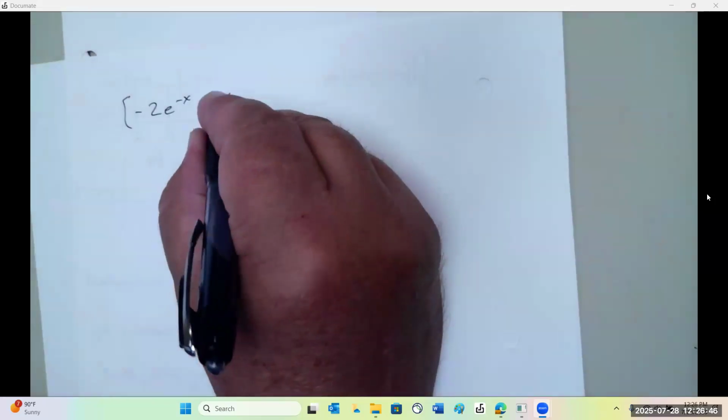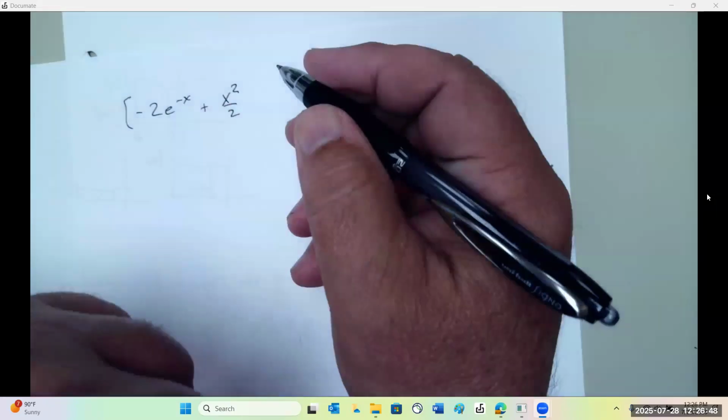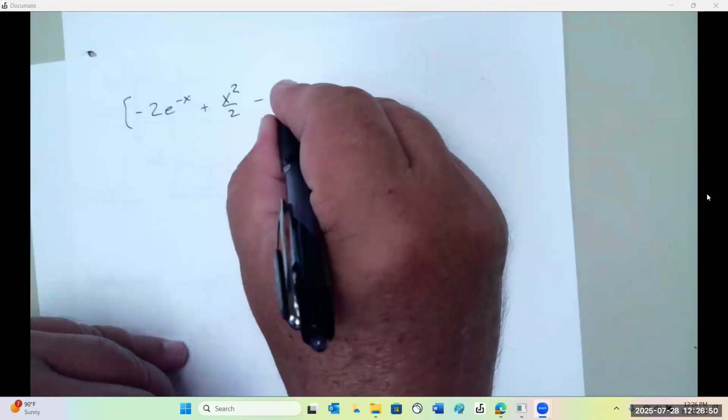So I have negative 2e to the negative x plus x squared over 2 minus e to the x over 2.